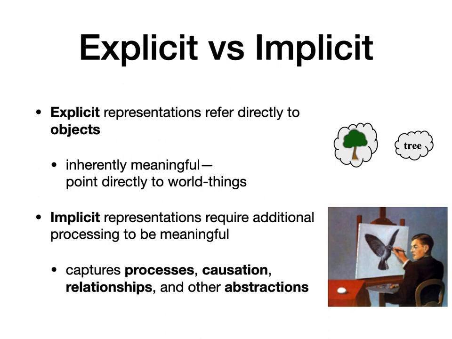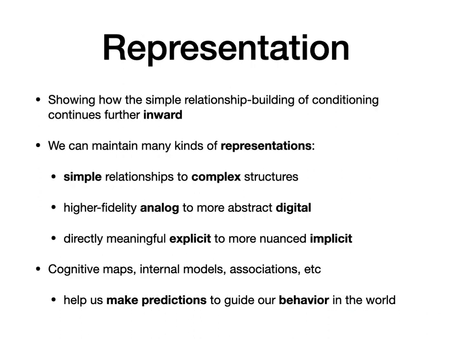So, writ large, this has been representation, showing how the simple relationship building of conditioning continues to drill upward and inward into the brain, right? We can make lots of different kinds of representations. There are simple representations that can capture complex structures.